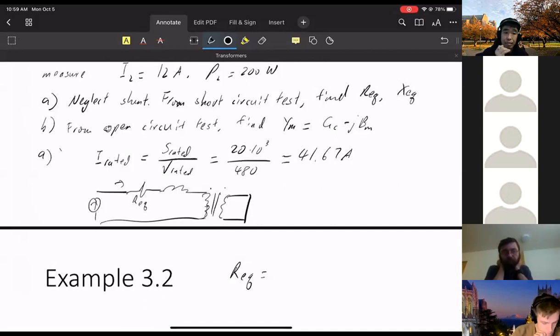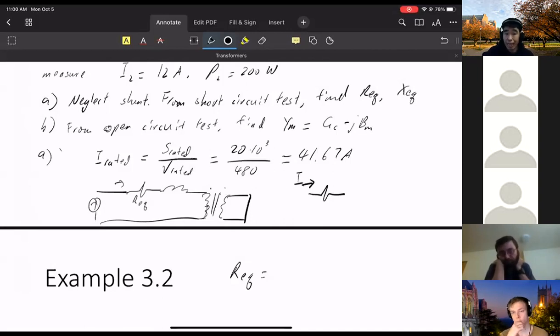So how do I relate the active power consumed by this resistor to the fact that I know the current? Let's remember, I have some resistor and I'm flowing some current through it.